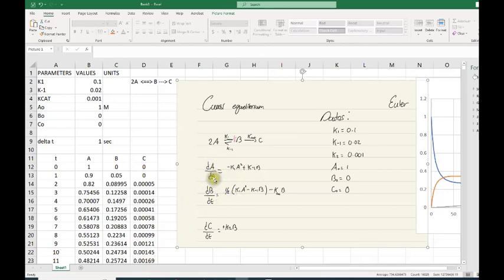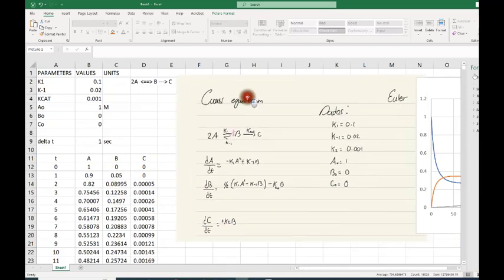Delta A over delta T, that's what they are, the rate of change of A versus time. So you can change this T by a delta and then resolve for the variable of interest, which is in the first here. The solution of A is the solution of this differential equation, and so for B, and so for C, and those are the result.